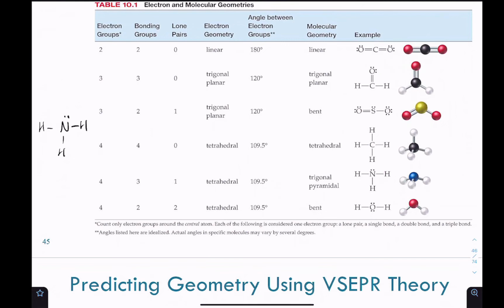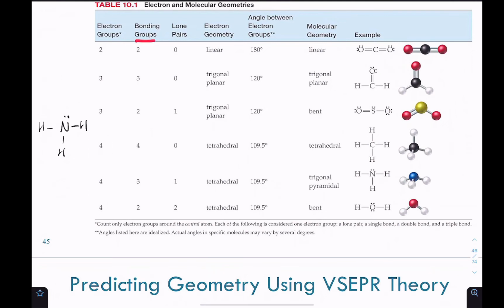Any bond, whether it's a single, double, or triple bond, counts as 1 electron group. Lone pairs each count as 1 electron group. So we have 4 around the central atom. Remember, that's all we care about. So that means it's going to be one of these 3 options.